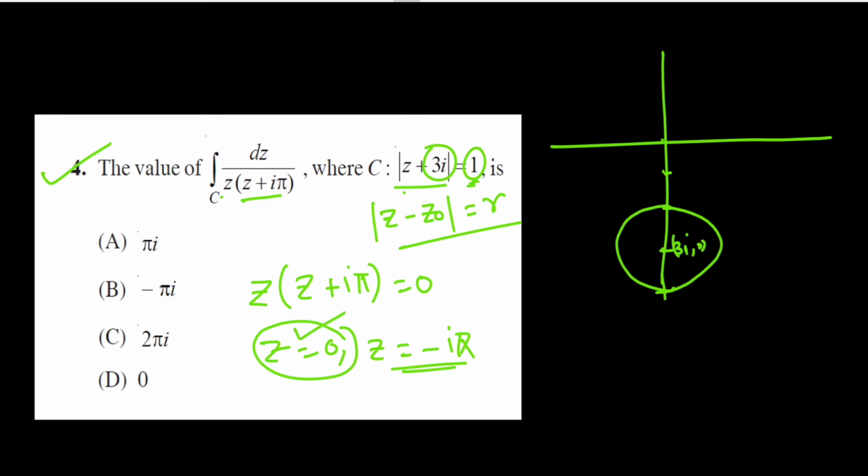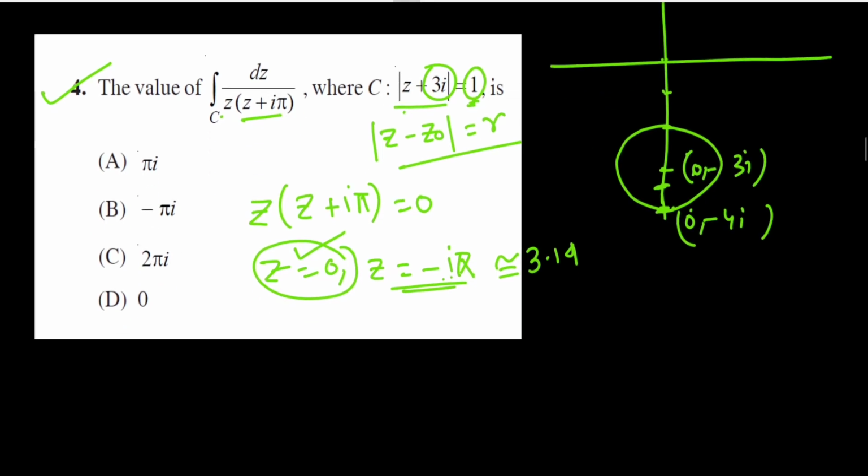It is noted that z equal to 0, that means the origin, does not lie inside the circle, and z equal to minus iota pi is inside the circle, since the value of pi is nearly 3.14. This is the point minus 4 iota, and the center is 0 and minus 3 iota. Therefore this lies here, so this is inside the circle.